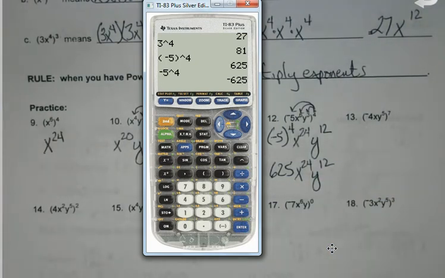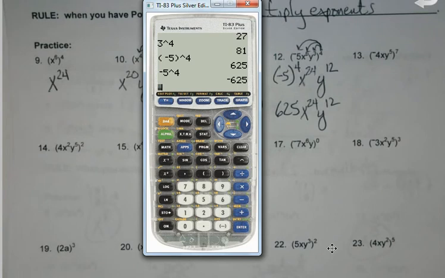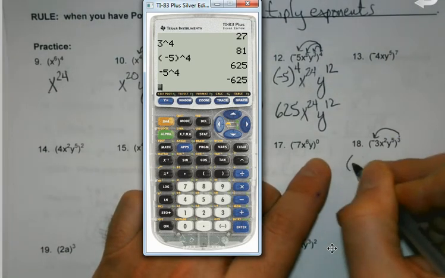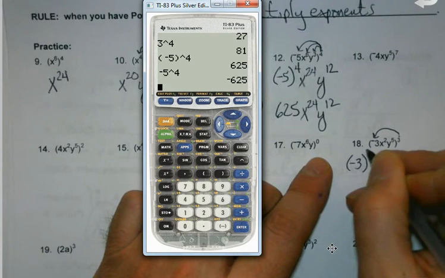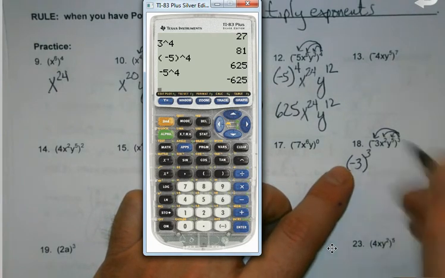Now, you will get some negatives sometimes. For example, there's two other ones I want to look at here, and luckily they're just to the right of my calculator. Number 18, same deal. Put the number in parentheses, use the exponent, and then just multiply your exponents on the variables.